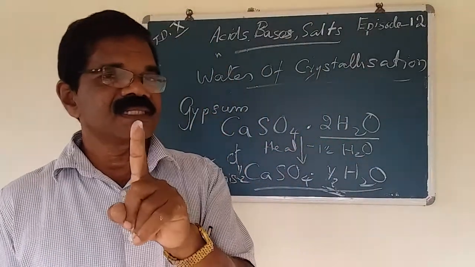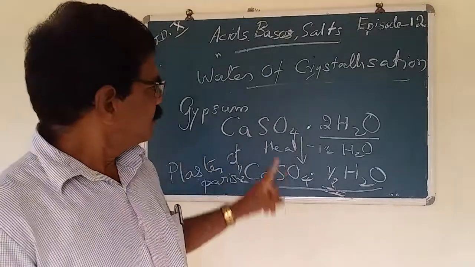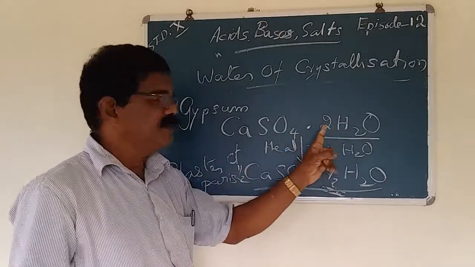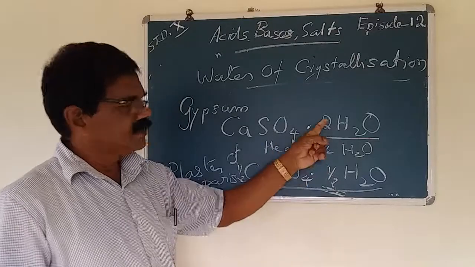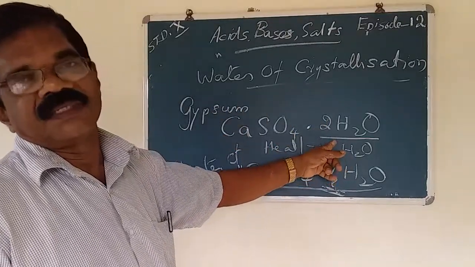Here you stress the words one formula unit. For two formula units of calcium sulfate, it is never written as 4H2O. Each will be 2H2O.